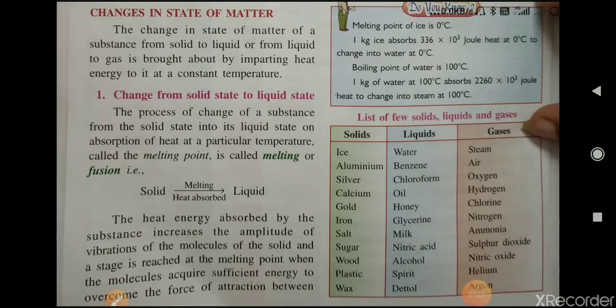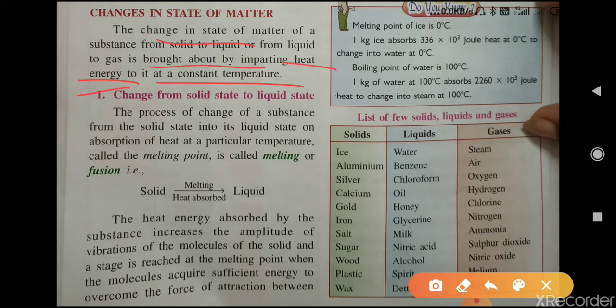Changes in state of matter. The change in state of matter of a substance from solid to liquid or from liquid to gas is brought about by imparting heat energy to it at a constant temperature. Means change in state of a substance either from solid to liquid or from liquid to gas is brought about by imparting heat to it at a constant temperature, from solid to liquid also, and from liquid to gas also.